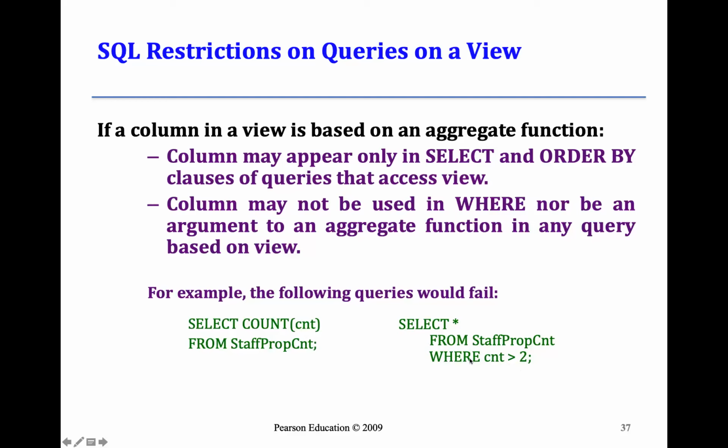Because of time restrictions, I got rid of how you do view resolution when you write a query on a view. But basically, you expand the view into operations on the underlying base relation. So this count would be replaced with a count star, and you can't have an aggregated operation in a where clause.